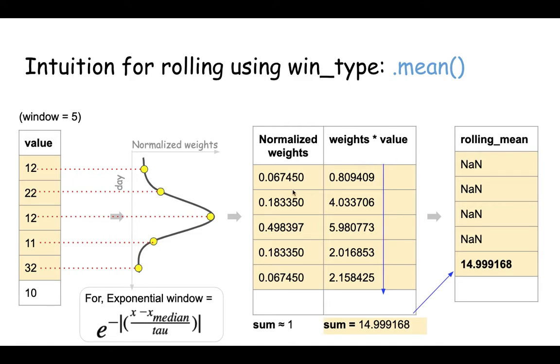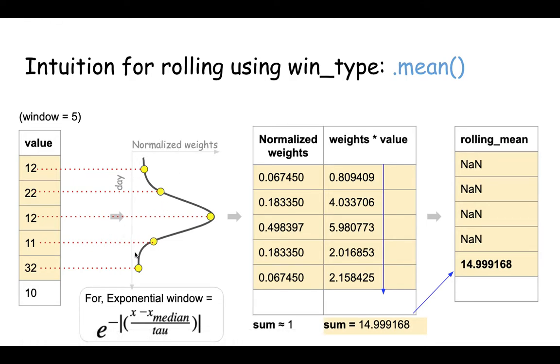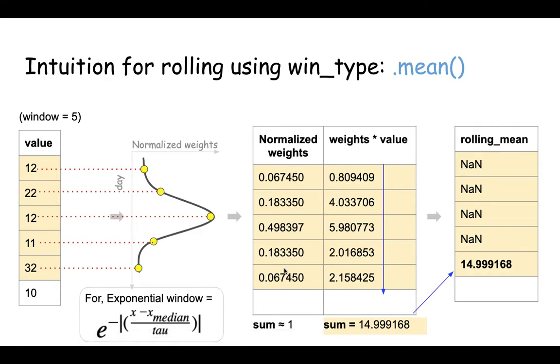On this slide, which is similar to what we have seen in the previous two videos, we have the same setup where we have the values that we need to calculate the means for, and for that first we need to calculate the weights. Here we have the normalized weights that are calculated on the formula shown right here. Once we have these normalized weights, we can multiply these values.